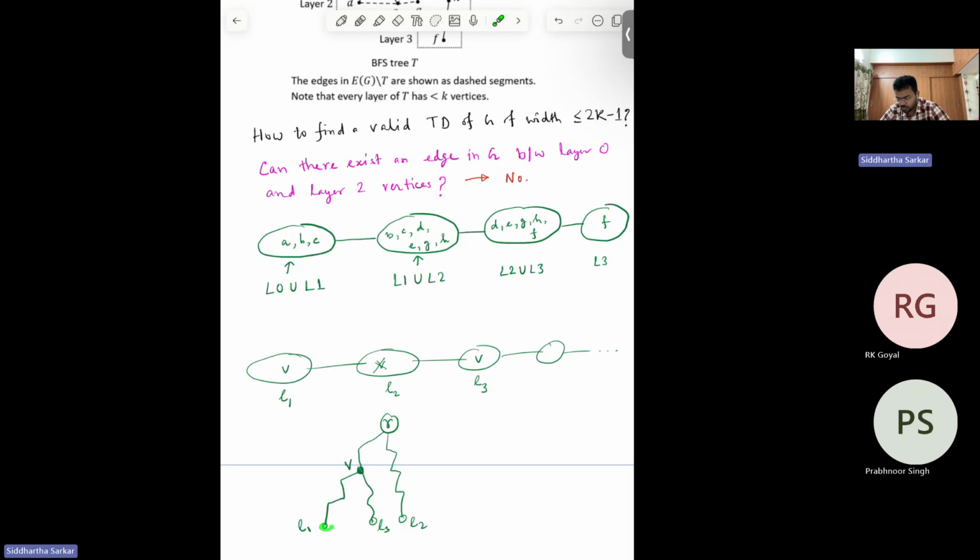So you have to draw these bags in the order of discovery of the leaves. Therefore, such a path cannot exist, because L2, by virtue of being between L1 and L3's bags, must have been discovered between L1 and L3. So L2 should have been discovered somewhere here. And because L2 were here, in the path from root to L2, V would have appeared. So there should have been a V here. Does it make sense?